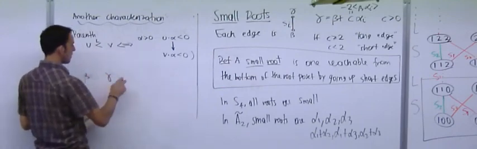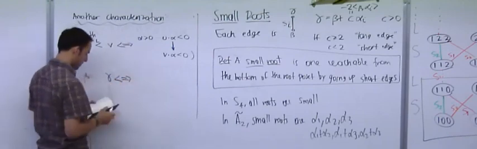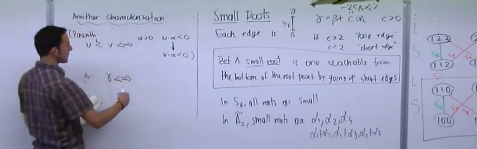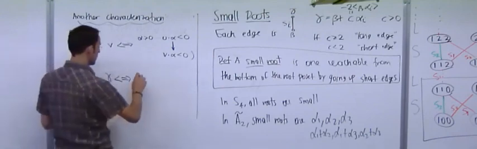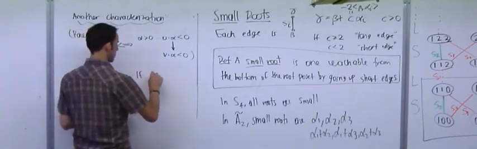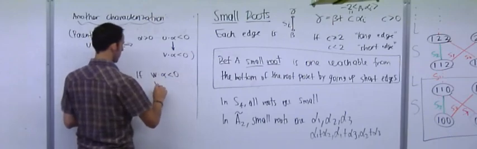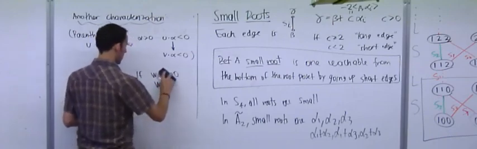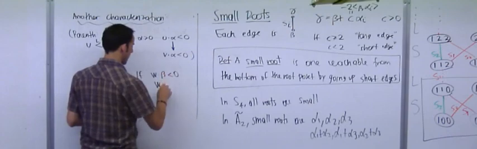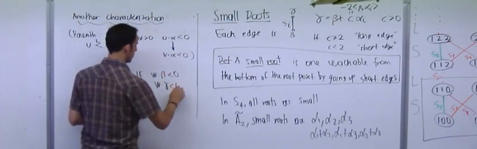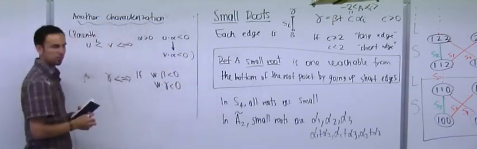If and only if the same thing happens but the other way around: if w sends alpha to a negative root, then beta, all the elements that send beta to negative also send gamma to negative.